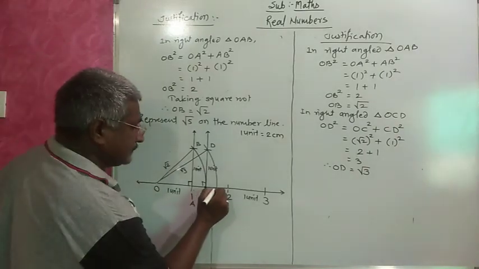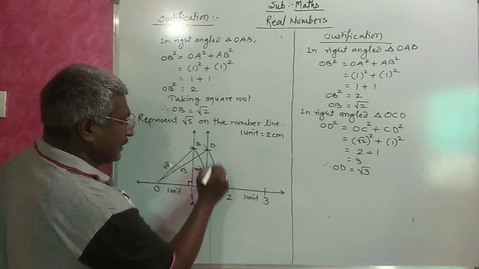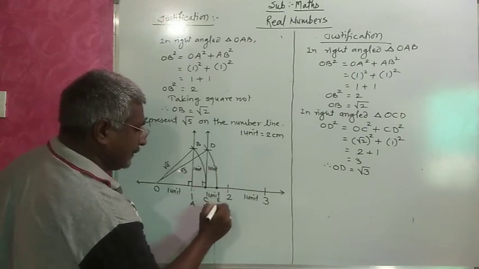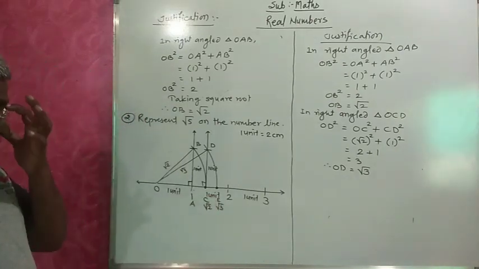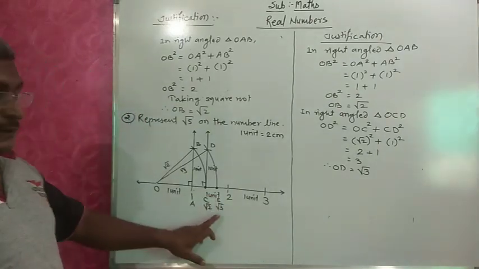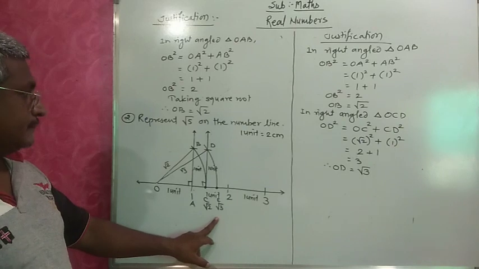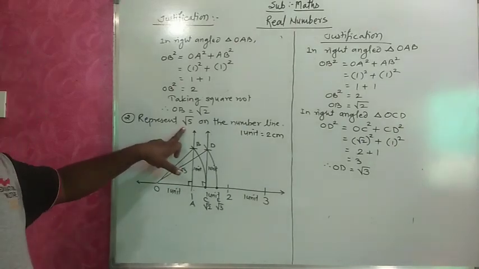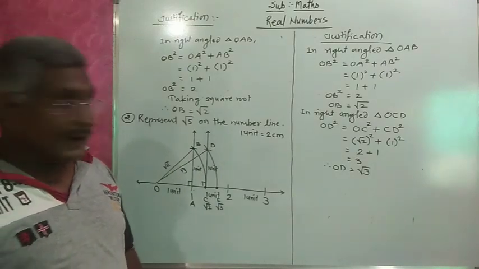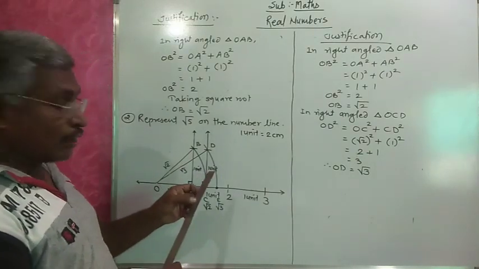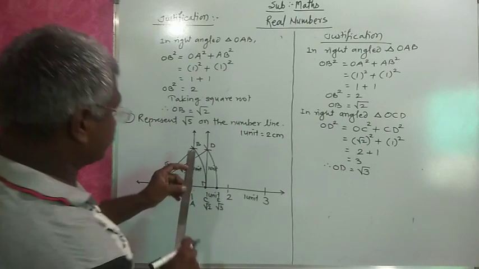So that is E. And what is this? Root 3. Understood? So this is the representation of root 3. But we have to represent root 5. So what has to be done? Again at root 3 we have to draw a perpendicular.